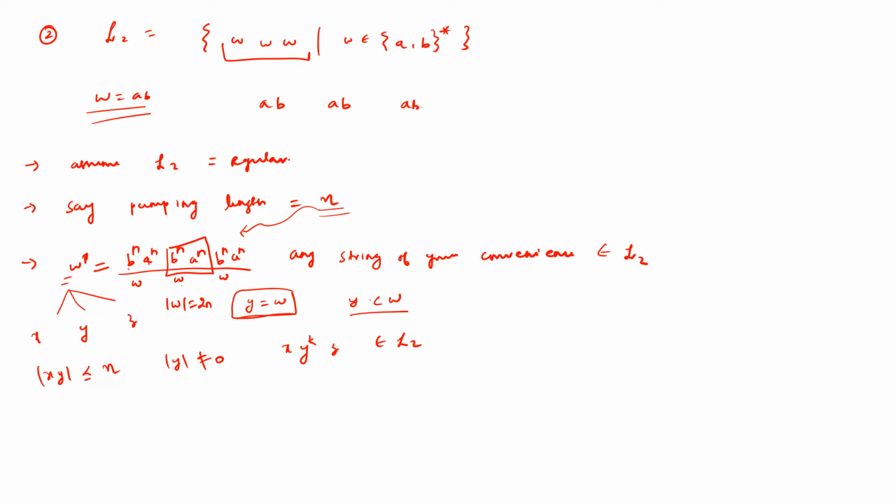Right. Now if you take y as a subset of w, you can enumerate cases and show that the w prime that you obtain by pumping y will not belong to L2. I think this part is easy. Why? Because in y you cannot take the total w so that you can pump w. So the resulting string will also have w constant.